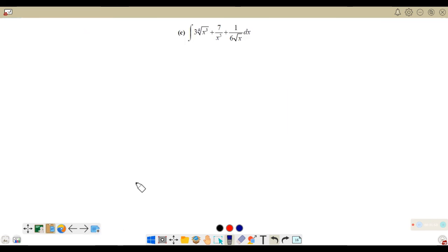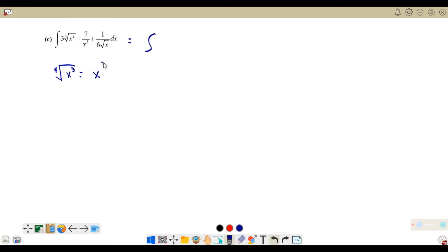Ayan, meron na tayong mga radicals. Paano yung gagawin natin kapag meron tayong ganito? One tip is to write it as rational exponents. So, kung meron kang fourth root of x cube, di ba't ito equal sa 3 over 4?